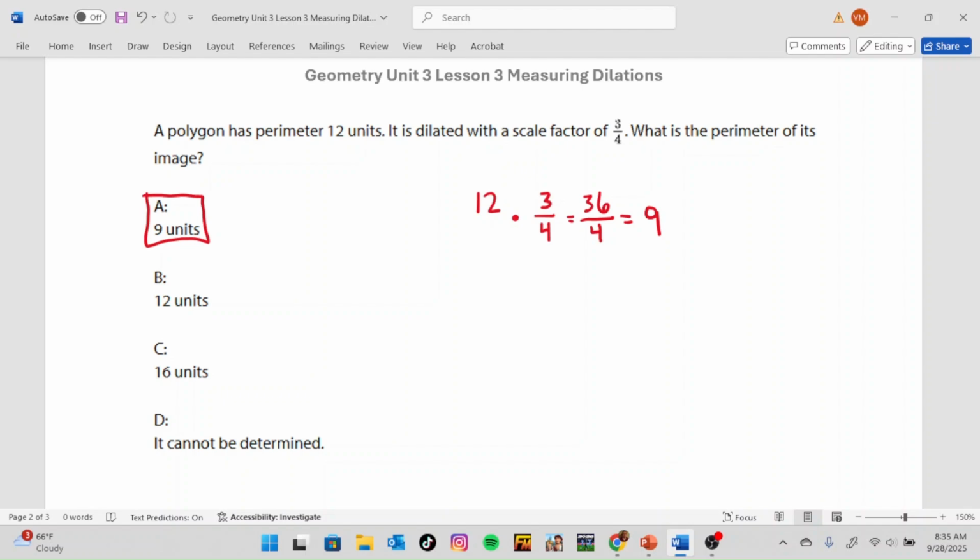If you think about this, remember what I said in the previous problem. We said that the new measurement divided by the original measurement equals the scale factor.